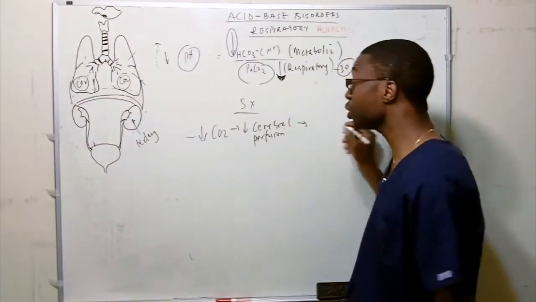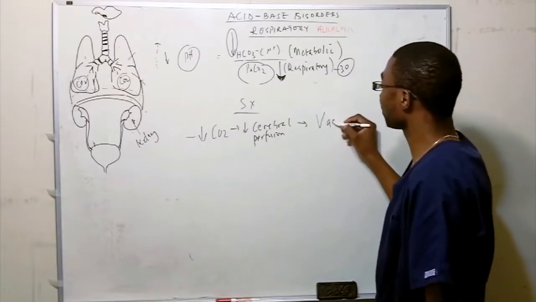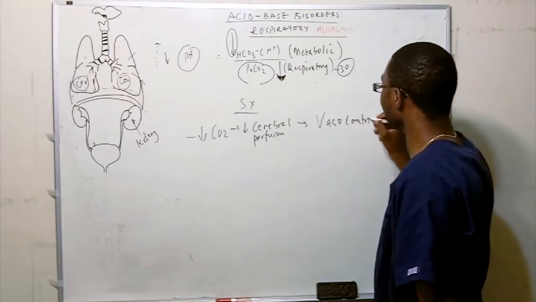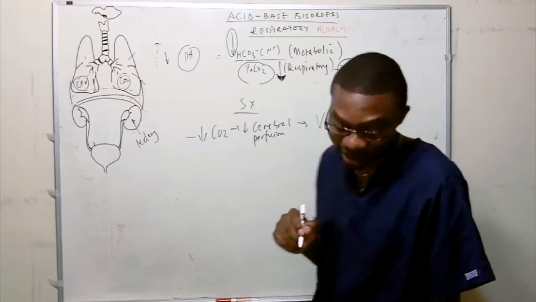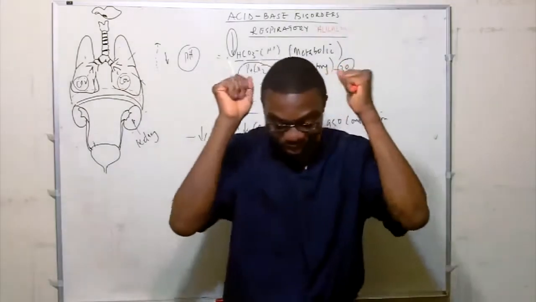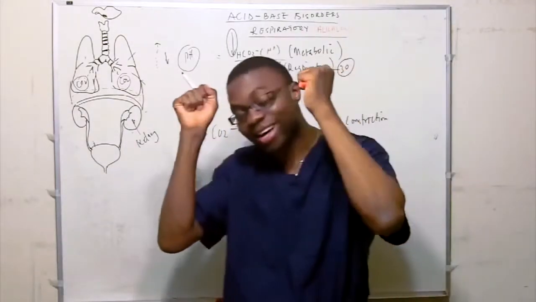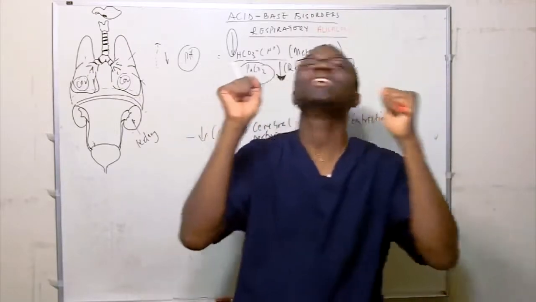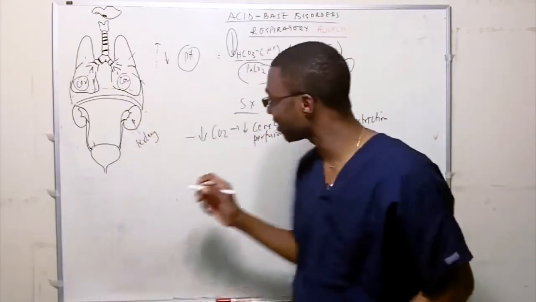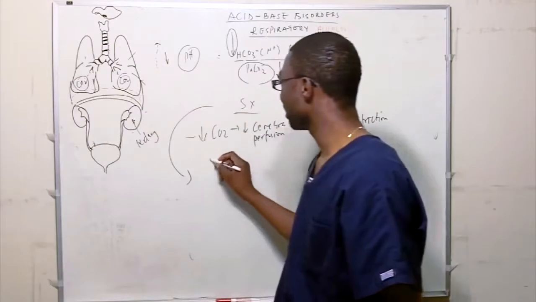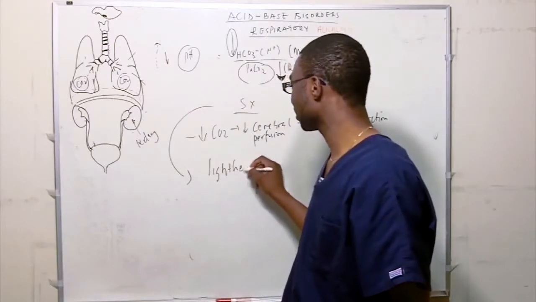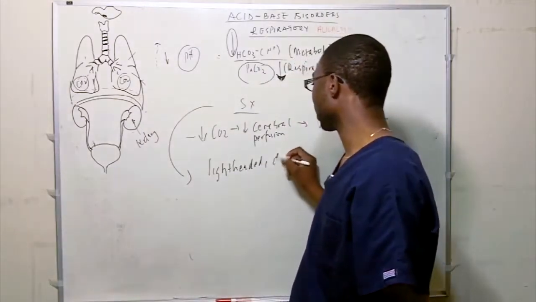That's not cool, right? That will cause vasoconstriction. If all the blood vessels in your brain are constricting, guess what? You're going to be lightheaded. You're going to feel dizzy. All of a sudden, you get lightheaded. You get dizzy.